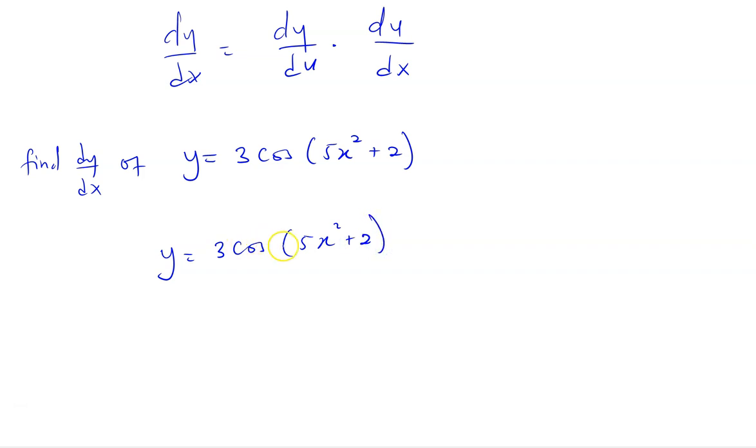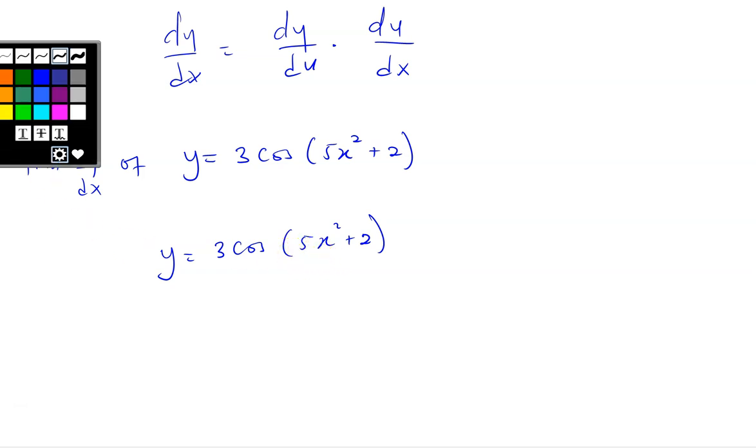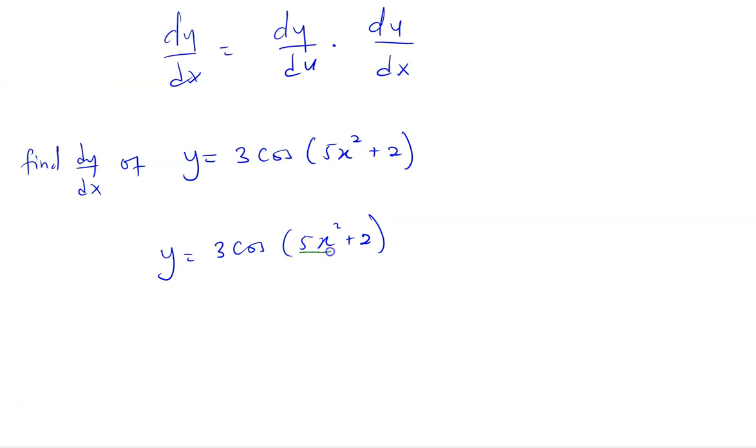So here we can see that this 5x^2 + 2 is a function, and it's in a bigger function, which is 3 cos of what is inside here. So we have a function in a function.